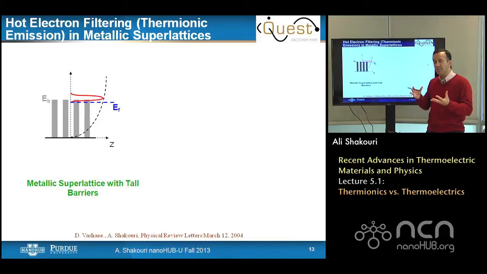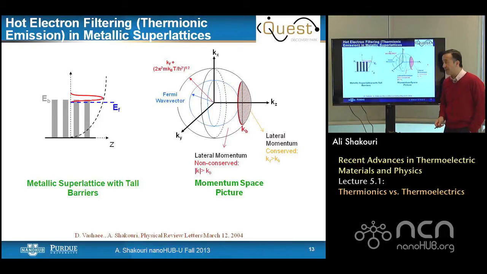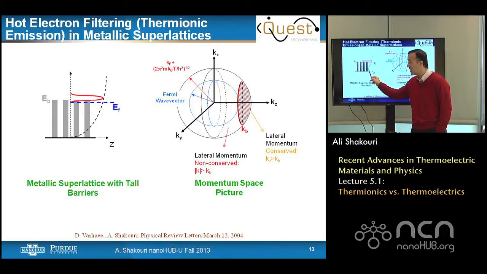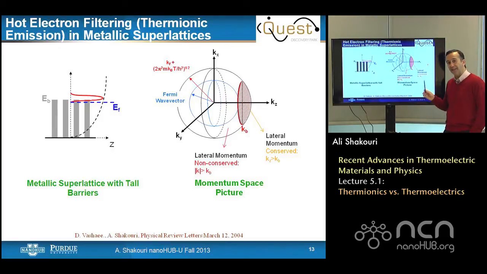A picture in the energy space only represents part of what is happening to an electron. Why? Because electrons are moving in a three-dimensional space. If instead of energy space, I show the electrons' momentum in one of these metallic layers, so this is kx, ky, kz. Remember, z is the direction where we change the periodicity and add multiple layers. In x and y it is the same material. If I have a metal, typically we have a Fermi sphere.